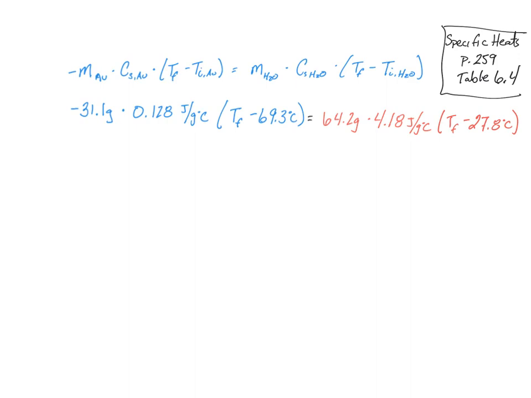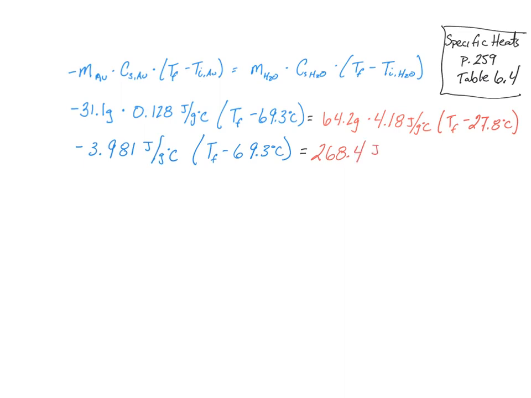And so I get negative 3.981 joules per gram degree Celsius times TF minus 69.3 degrees C is equal to 268.4 joules.